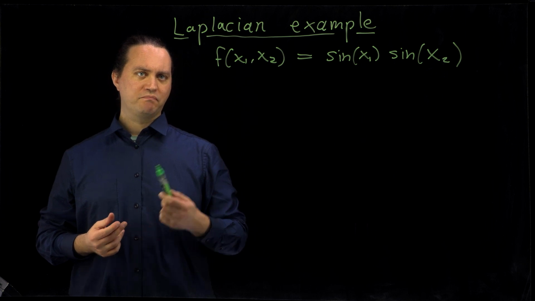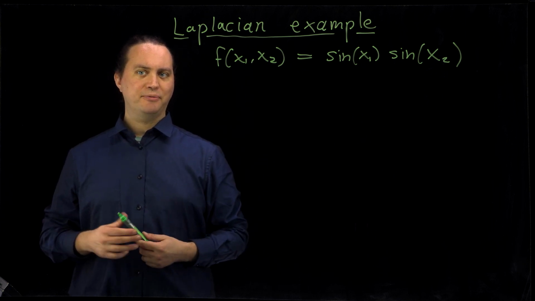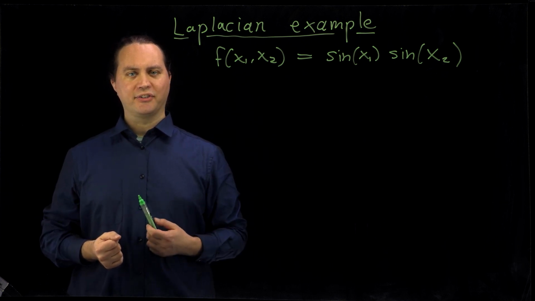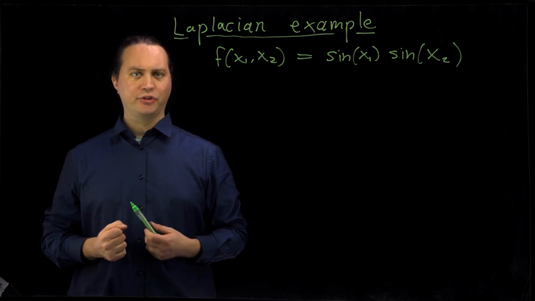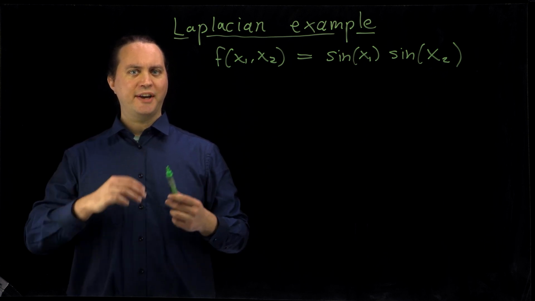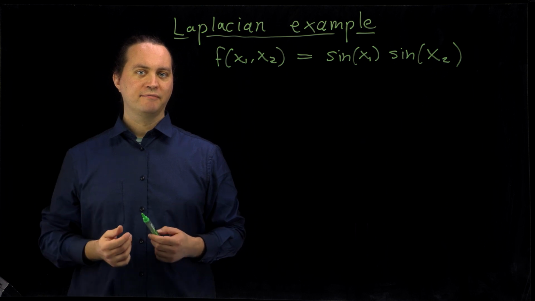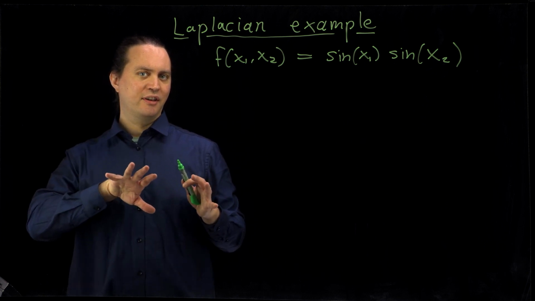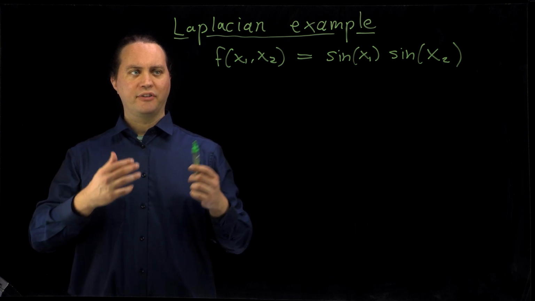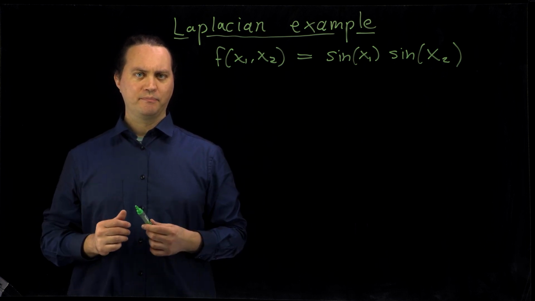So let's suppose we've got a scalar field f given in 2 variables, x1 and x2, and it is defined as the sine of x1 times the sine of x2. That is a very simple definition of a function, but in fact it's also a quite important example. For example, when we discuss the Laplace equation, let's say over a square, then such functions are of tremendous importance.